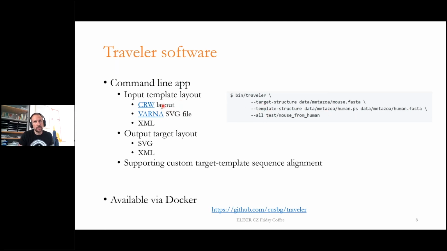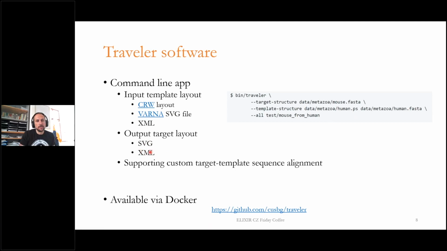So you can draw your own template in Varna, or if you have the template in completely different format, you can write your own parser and convert that format into an XML, which then Traveler can process. And as for output, it outputs an SVG file, which can be then exported to PDF or PNG or whatever you like, and also XML file.